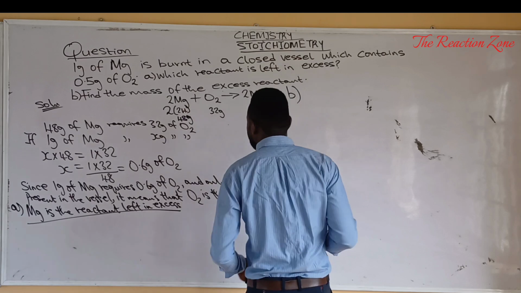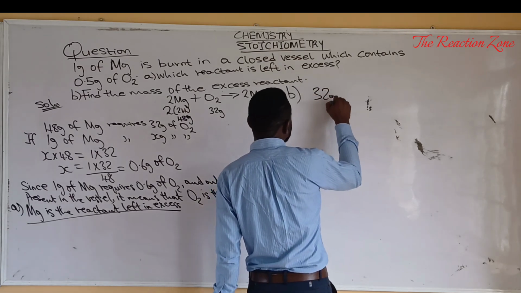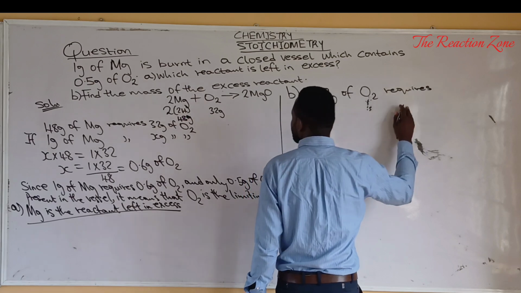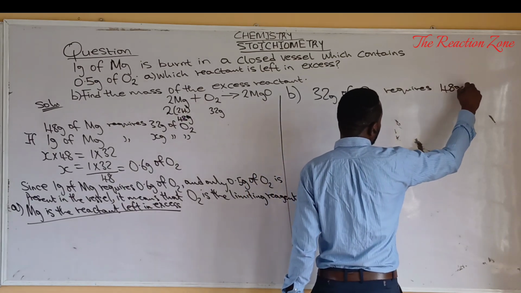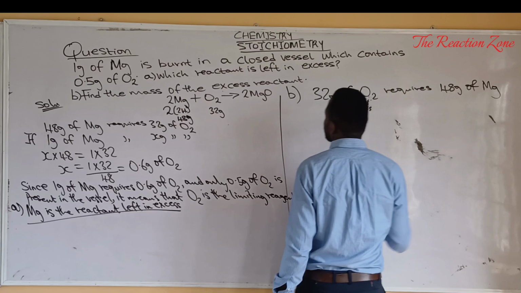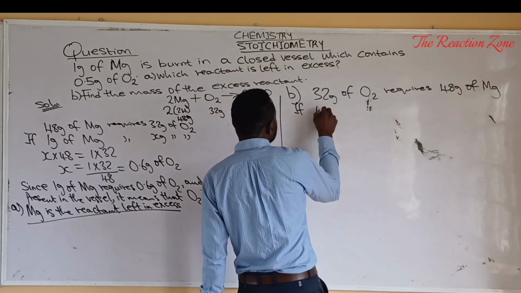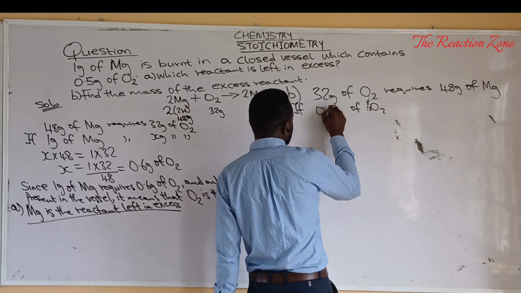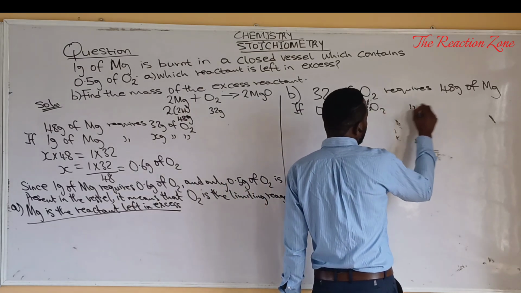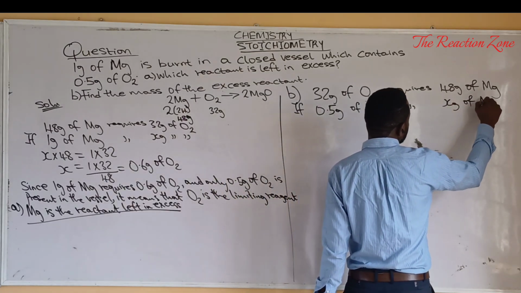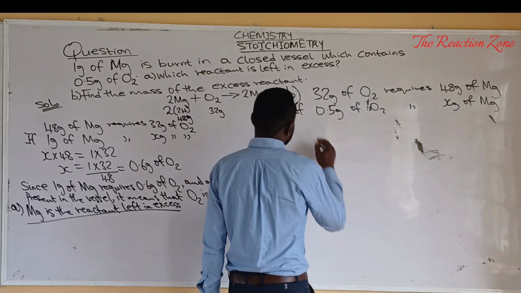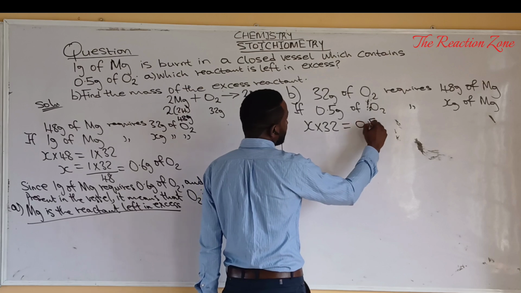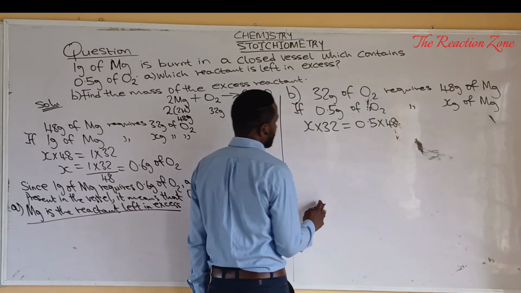So, going back to the balanced chemical equation, 32 grams of oxygen requires 48 grams of magnesium. If 0.5 grams of oxygen requires X grams of magnesium, and you cross multiply, that will become X times 32 will be equal to 0.5 times 48.